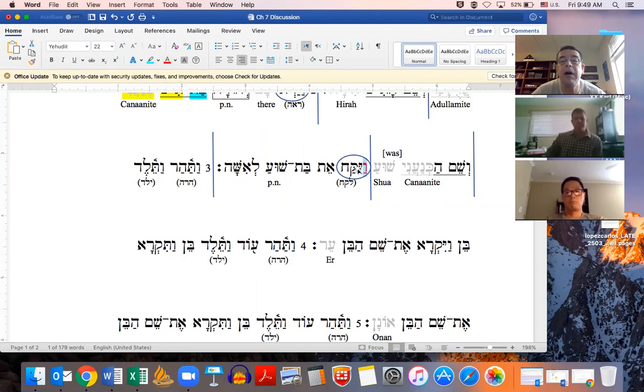The vav, the patach, and hopefully I'll get this in the right order. Vav, patach, and doubling dot is an indication of the vav consecutive that's going to be past tense time.